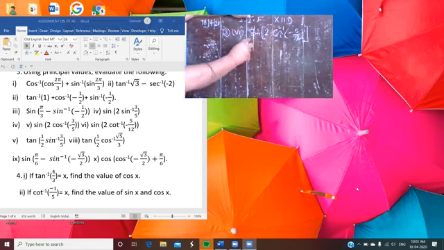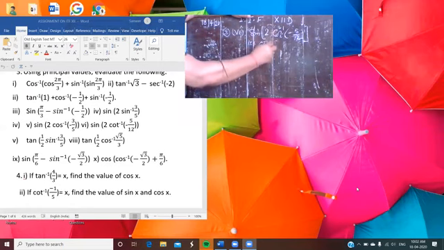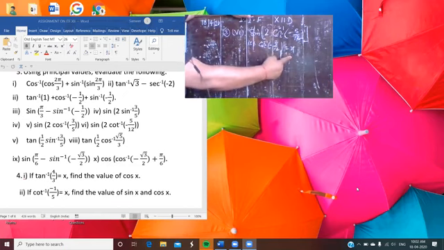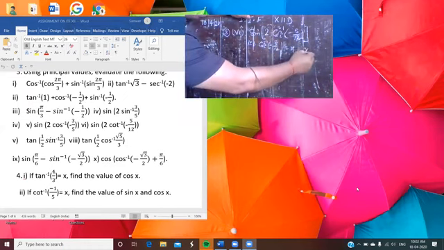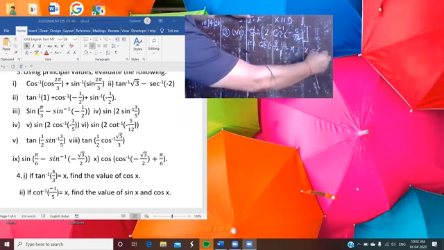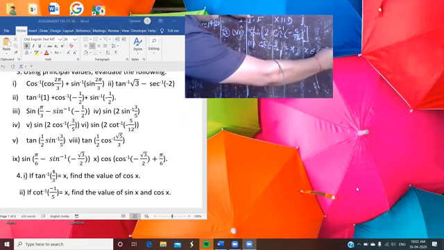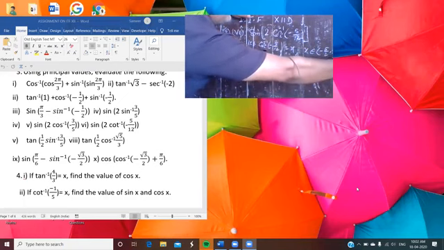So in this case, you assume let cot inverse minus 5 by 12 is equal to x, and this x belongs to the range of cot inverse x. Okay, and you know the range of cot inverse x, that means x belongs to minus pi by 2 to pi by 2 and except 0.